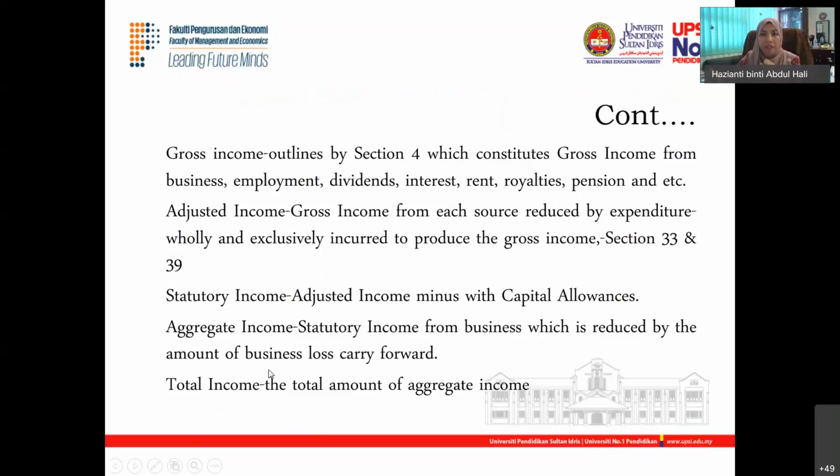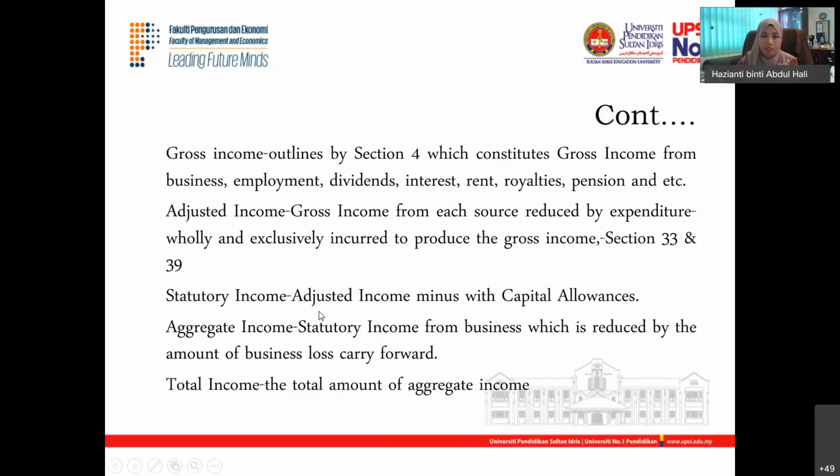And so again, the gross income can be from business, employment, dividend, interest, rent, royalty, pension, and etc. So the adjusted income means whatever the gross income that we get, for example, Encik Idris just now, we reduce by the expenses wholly and exclusively incurred to produce the gross income, which means if it is employment income, the expenses must be wholly and exclusively related to that employment.